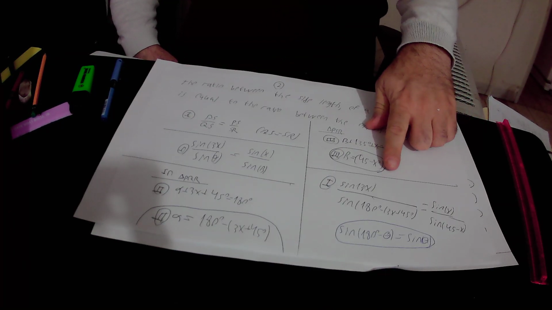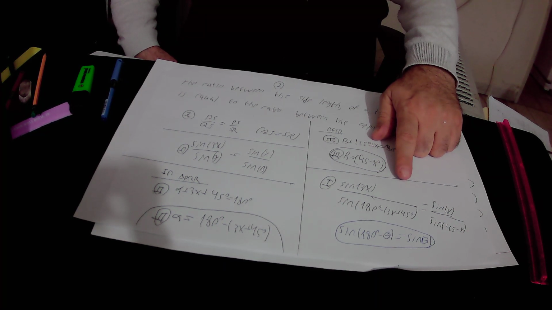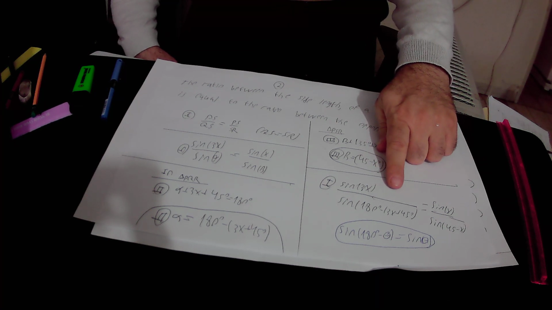And we got this equation, and according to the trigonometric identity, sine of (180 degrees minus theta) equals sine theta, we will get that here sine of (180 degrees minus (3x plus 45 degrees)) equals sine of (3x plus 45 degrees).